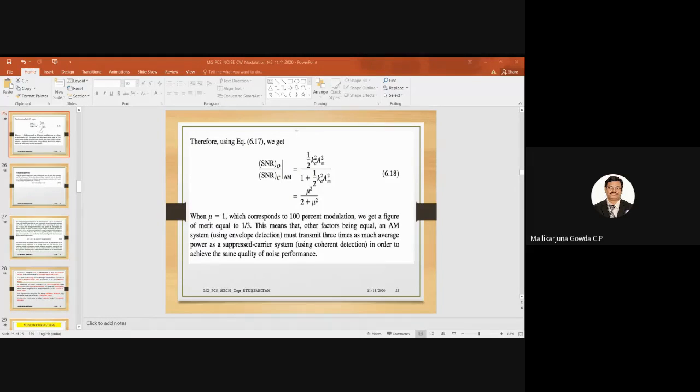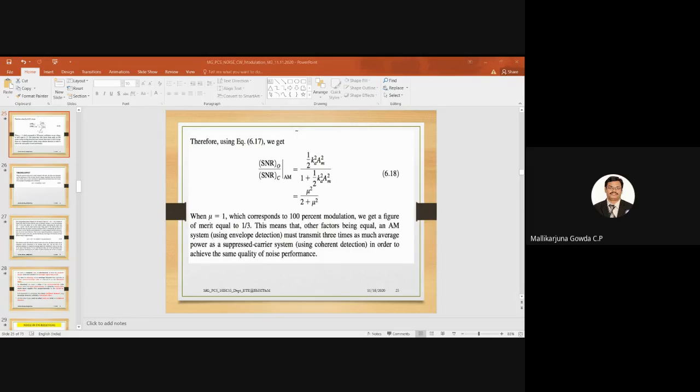So what is the value of figure of merit for AM receiver when the message signal is a sinusoidal signal? K square P by 1 plus K square P, sir. Yeah, that is in general.